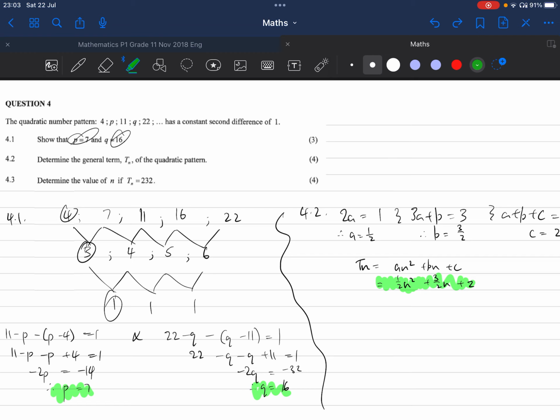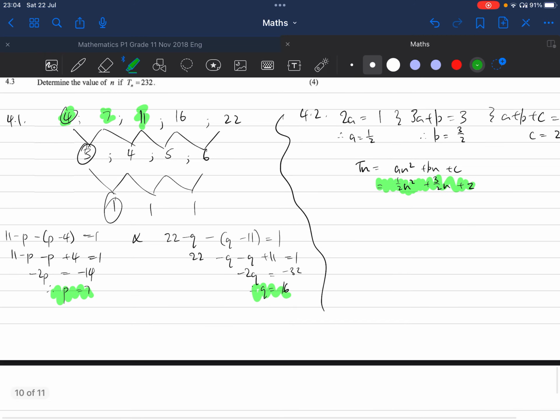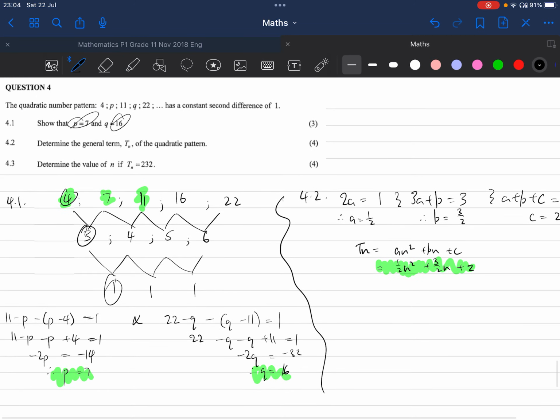The answer I get is 4. Now wherever I put in 1, I'll put in 2. So half times 2 squared plus 3 over 2 times 2 plus 2, and that gives me 7. I'll try one more: if we put in 3, I should get 11. So that means our answer is correct. You should always test your answers to make sure that they're right.